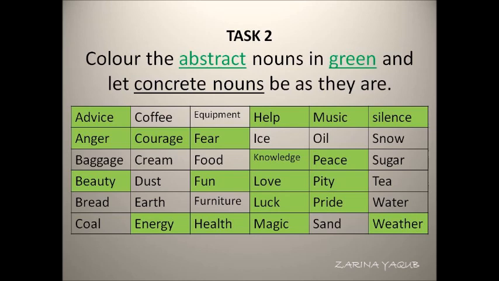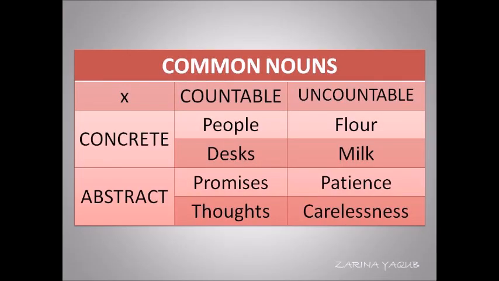And concrete nouns here are coffee, equipment, ice, oil, snow, baggage, cream, food, sugar, dust, tea, bread, earth, furniture, water, coal, and sand. Here you can see how countable and uncountable nouns can be either concrete or abstract.